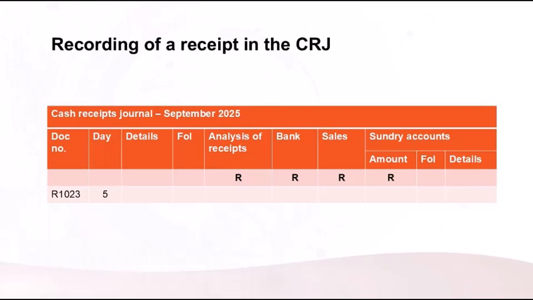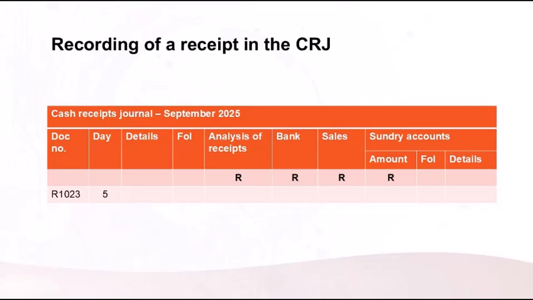If you look at the name of the journal, it is recorded as Cash Receipts Journal September 2025. So our month is already in the title of the journal. In our date column or day column, we will only record the day. So we will write down 5 because the transaction took place on the 5th of September.